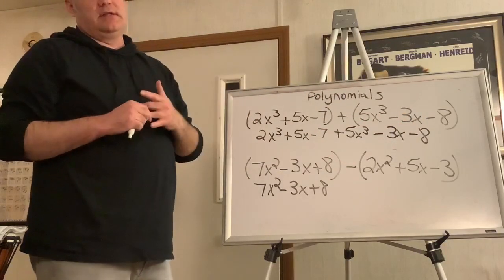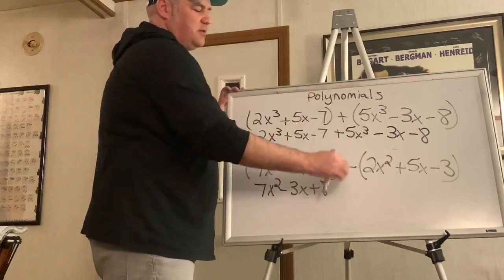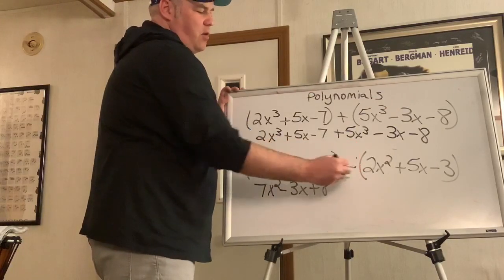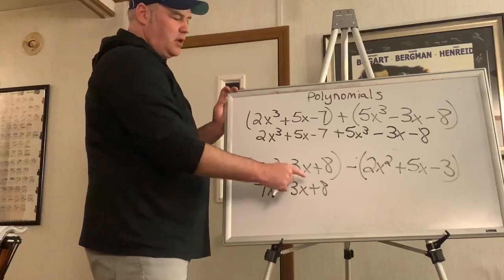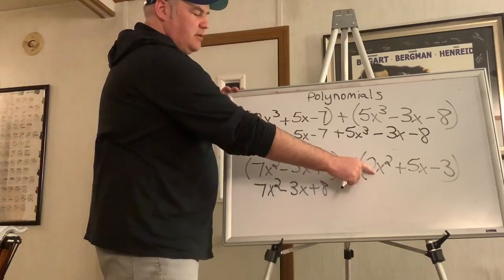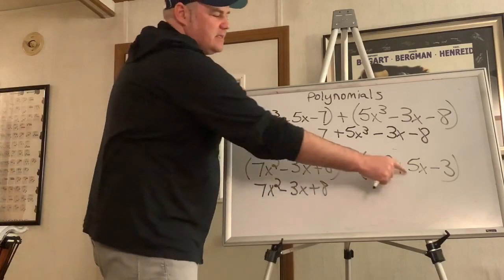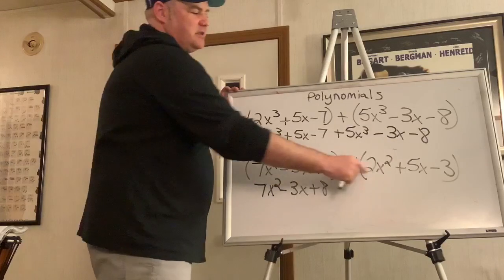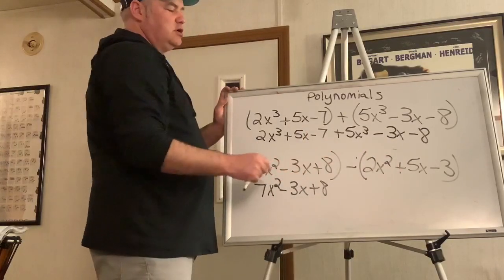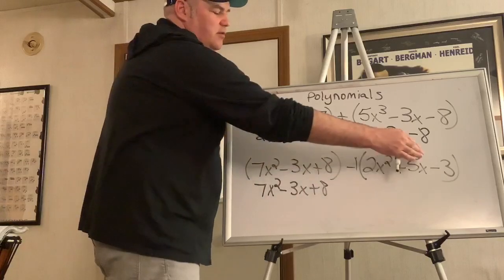Down here, it's totally different. Just like we took a 1 and distributed it throughout here, this would be like taking a negative 1. Because you got to remember, you're doing 7x squared minus 2x squared, but you're also doing this x here minus this positive, and a minus plus becomes minus. So it's like we're taking a negative 1 and distributing it throughout here.